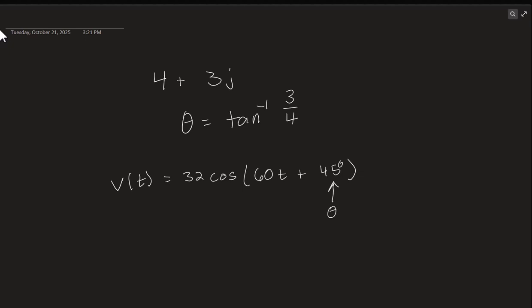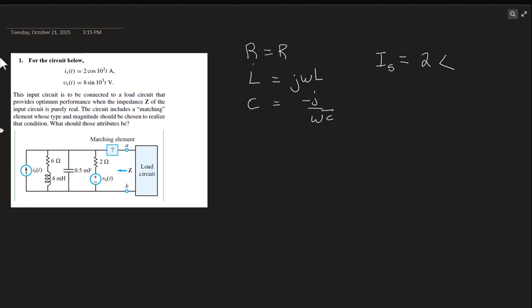And so in our example, we have i of t is 2 cosine(1000t plus 0). So our angle is just 0.